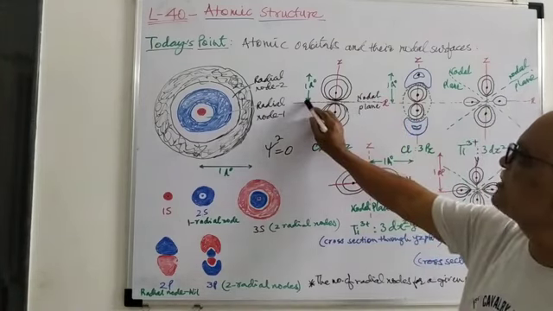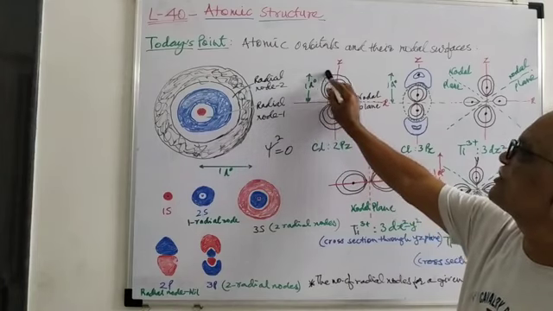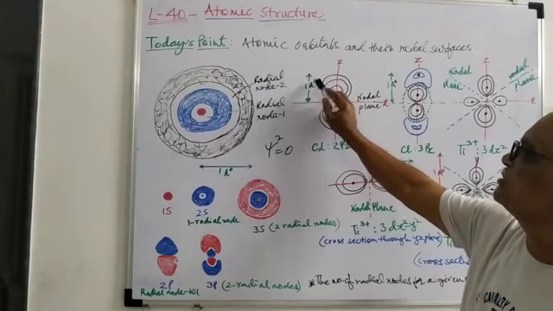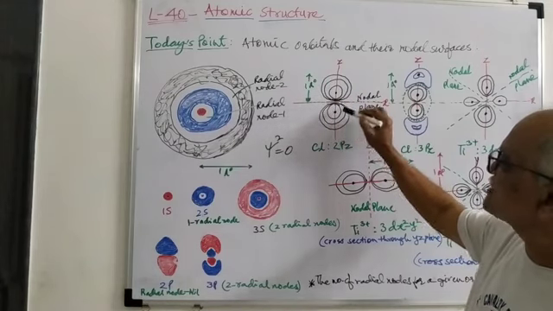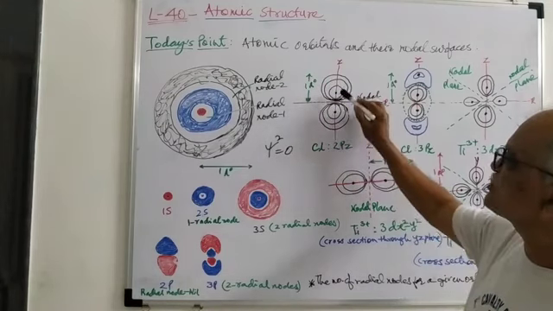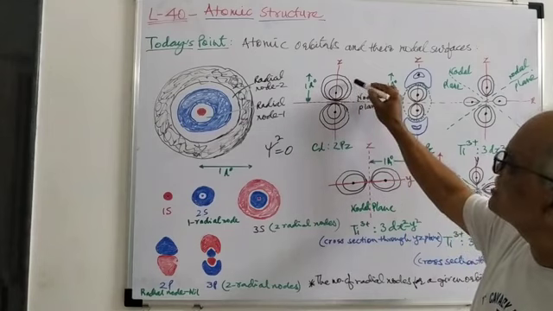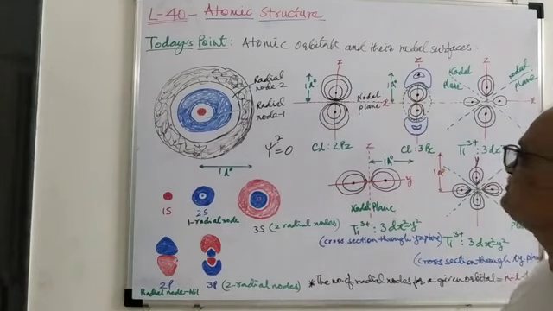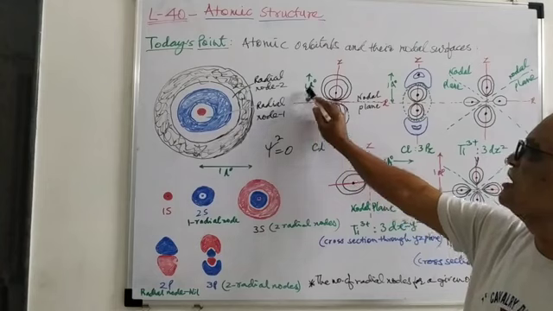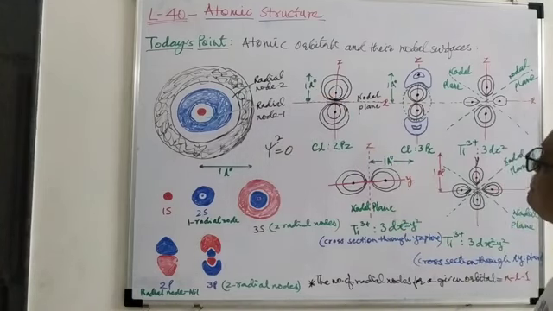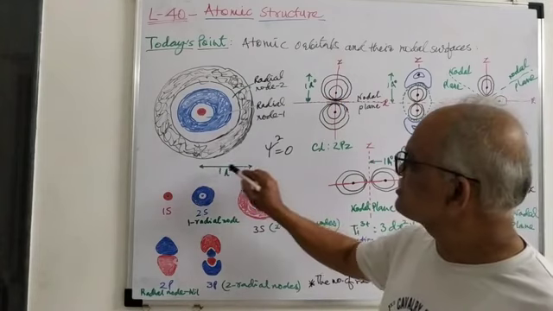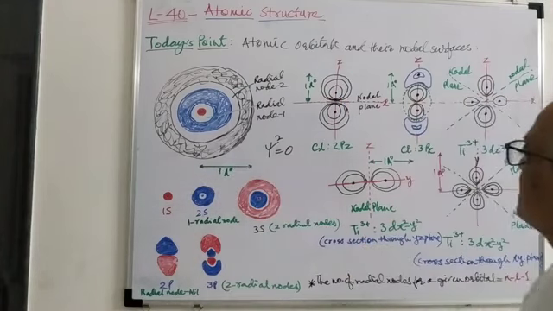The distance between this nodal plane and the outer region of this lobe, we say, these are two lobes of this atomic orbital. Two regions are called two lobes. The distance considered here is 1 angstrom, and this distance is also considered to be 1 angstrom.